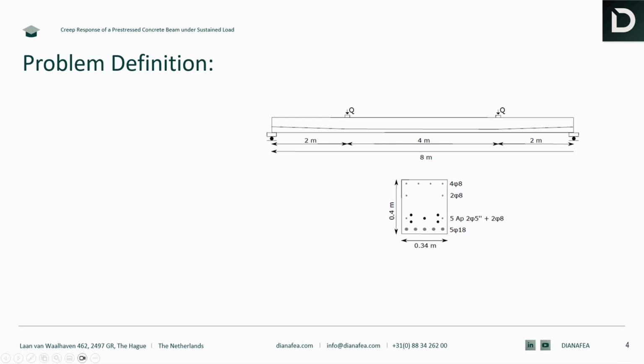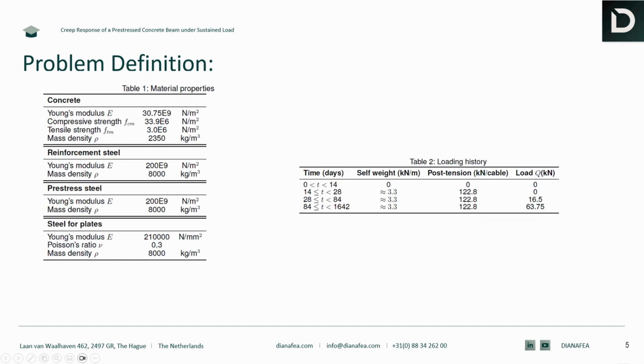The pre-stressed tendons in this beam are inclined at 3.2 degrees from the horizontal axis between the load point and the supports. The mechanical properties of material and also the loading history of these tests are shown on this screen. The mechanical properties of material align with the concrete class C25 and are modeled using the MC 2010 code.